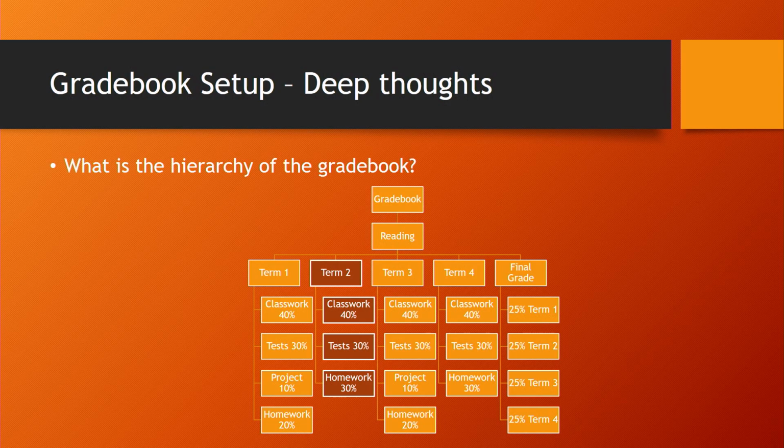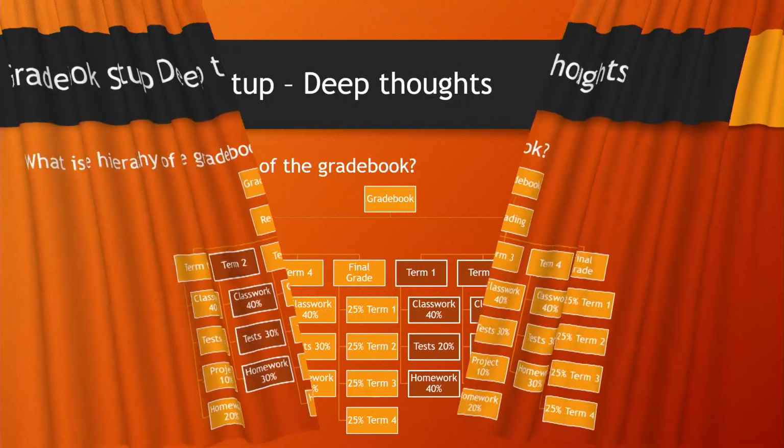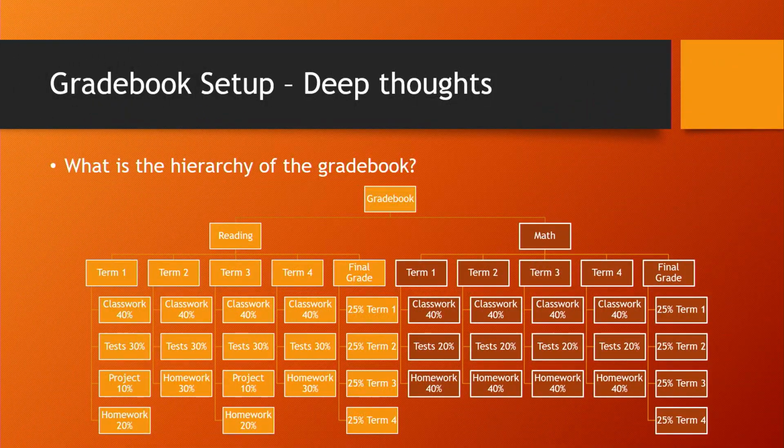So now let's take a look at my gradebook when I add my second class. In this example, I've added math, and I have my 4 terms, and I have my final grade defined. But notice here that each of my terms is just like the other. Term 1 is the same as term 2, is the same as term 3, is the same as term 4. I have the same categories with the same weights.